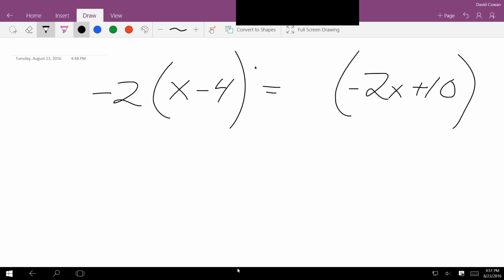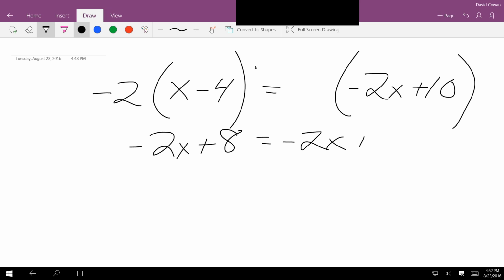In other words, the first thing we want to do is still get rid of the parentheses. What's the left side? Negative 4x plus 2x, negative 2x plus 8. Equals? Negative 2x plus 10. Correct.